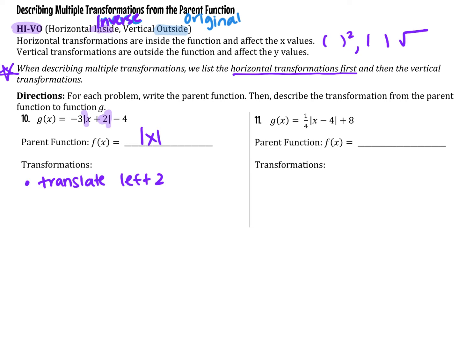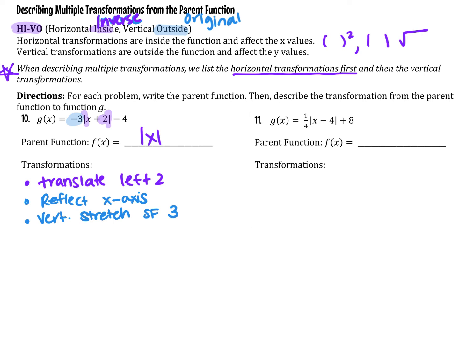There are a couple of things happening vertically, and we want to work around what's happening to that absolute value. So if we were thinking about the order of operations, after we do the absolute value, the next thing we do is multiply by this -3. And there's two things that are happening there. That negative sign means that we are reflecting across the x-axis, and the 3 means that we have a vertical stretch because 3 is greater than 1 with a scale factor of 3.